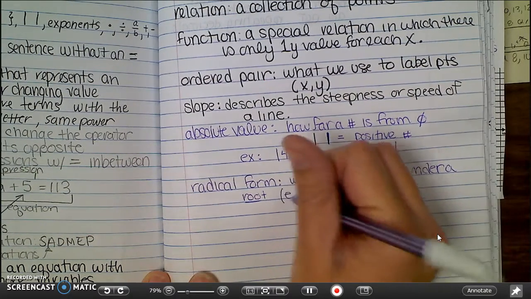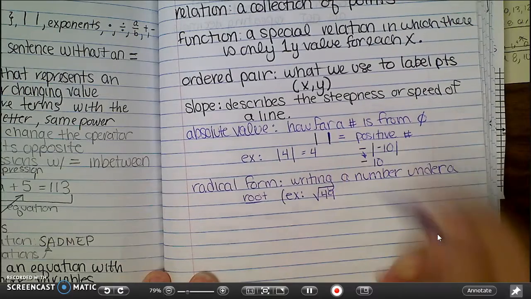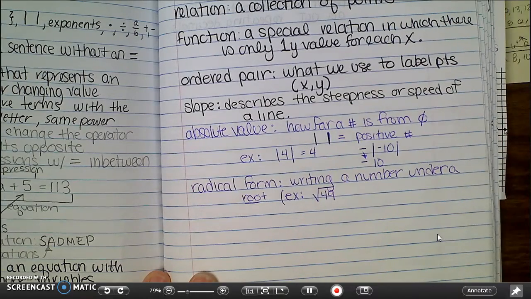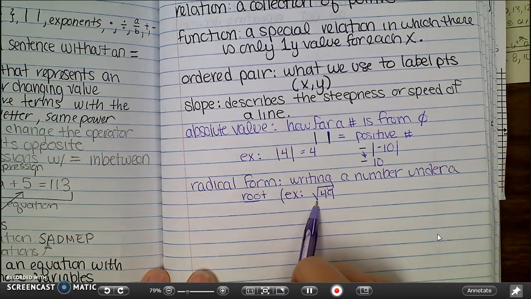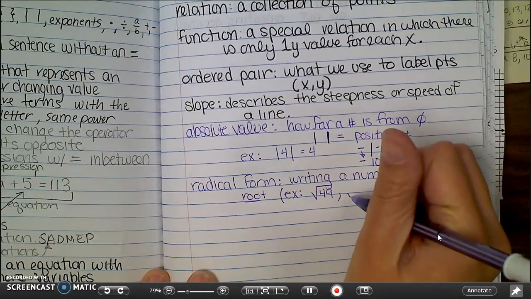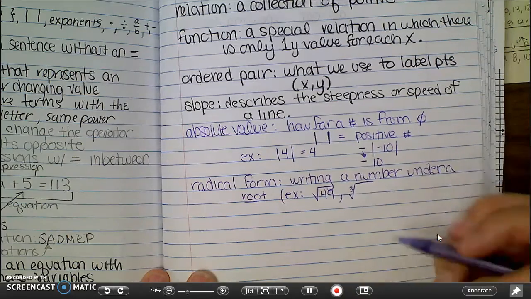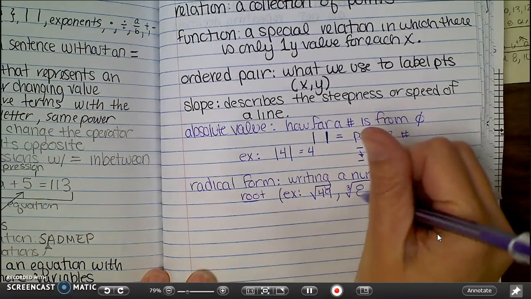For example, something like this, the square root of 49, is in radical form because this little symbol right here is called the radical. However, there are also things called cube roots. They have a little 3 out front, and you can take the cube root of a number.